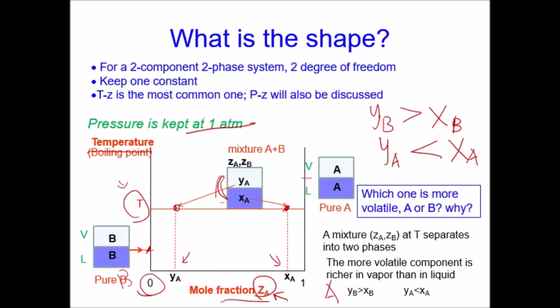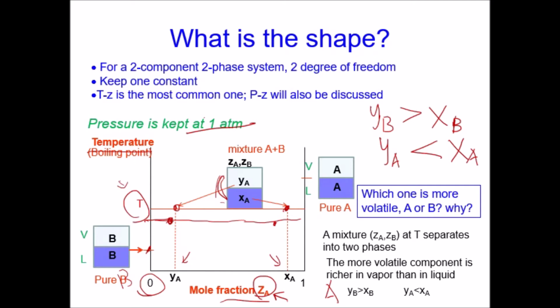So at a different composition, let's say mole fraction A is here, then the mole fraction of Y is here. They are in equilibrium at another temperature. So at a different temperature, there are different compositions of mole fraction in the gas phase and liquid phase in equilibrium. But in any event, the mole fraction of A in the liquid phase is greater than in the gas phase.